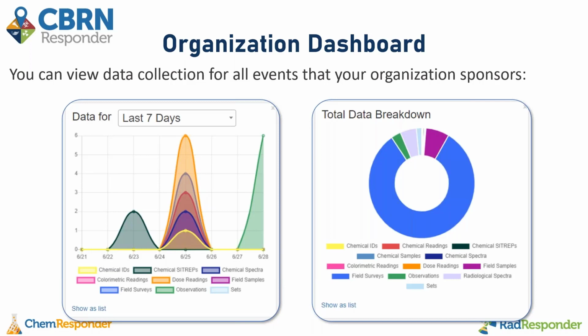So any events that you have created with your organization as a sponsor, these data points are from those events. So on the left, you will see a data for a certain amount of time tile. You can click that drop down to change the time. And on the right, that shows the total data breakdown that does not have a time limit, it's just for the entirety of the event.